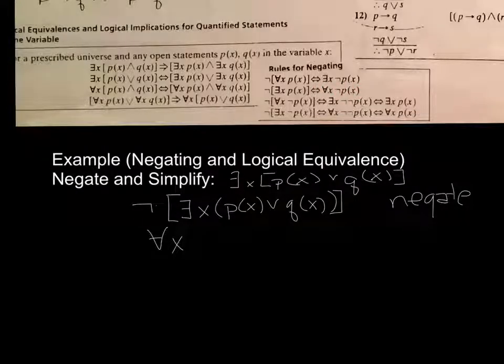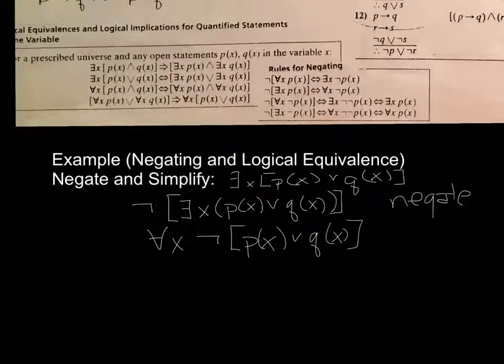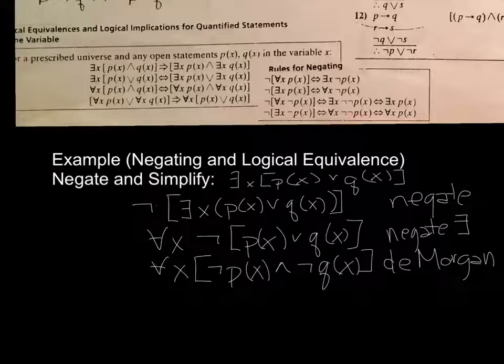So first, I convert to a for all, and then I'm going to put a not, and then my expression. Next, I'm going to use De Morgan. So I've put my negatives in front of each expression, and my ors changed to ands.